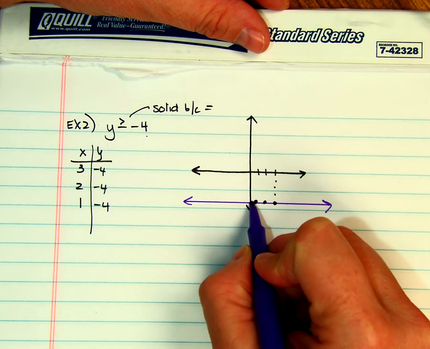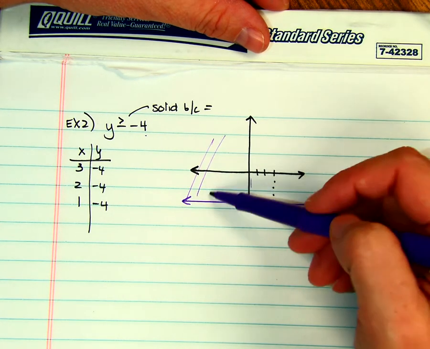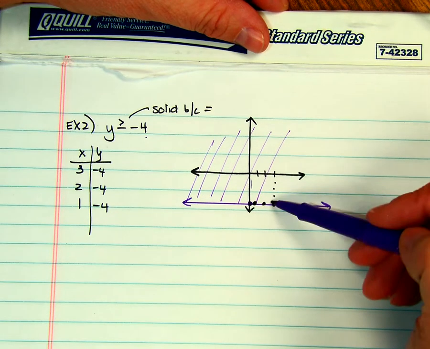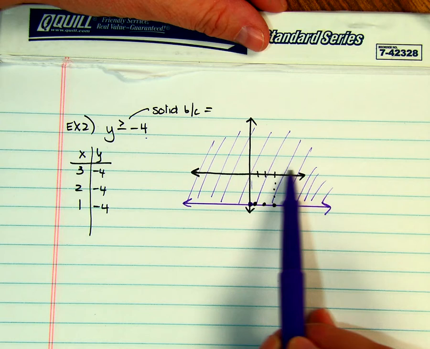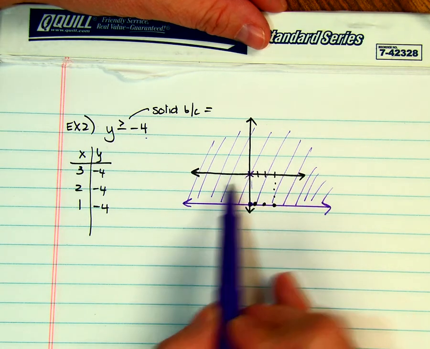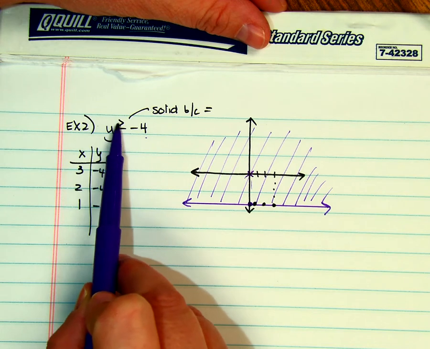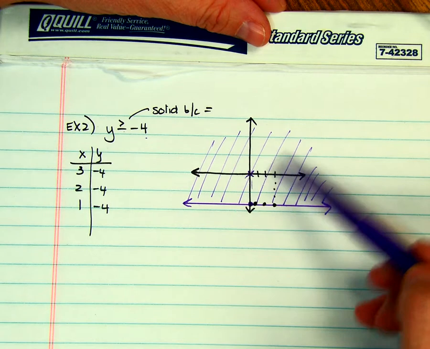So right now I am right here. I want everything greater than. So any ordered pair in this shaded area will work. If I put in 0, 0, is 0 greater than or equal to negative 4? Yes, it is. So that's why it should be in the shaded section.